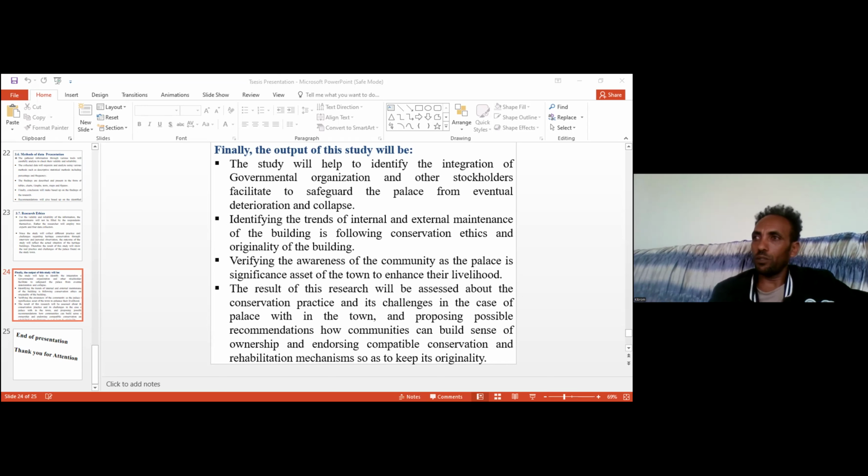Based on this finding, we will propose, or we can see, our stand regarding heritage conservation. So by its title it seems a case study, but the findings from this study are also important for other heritage sites.